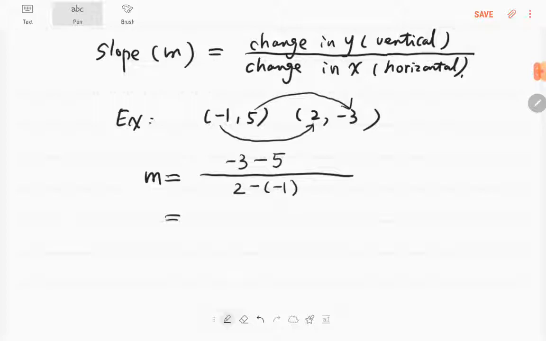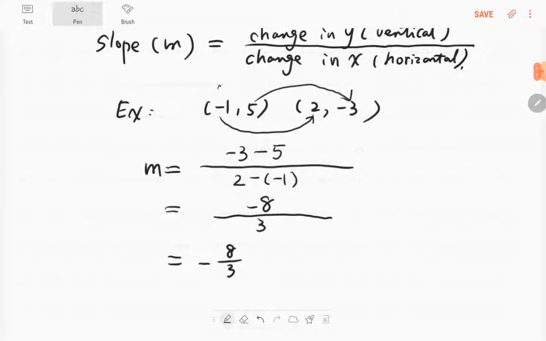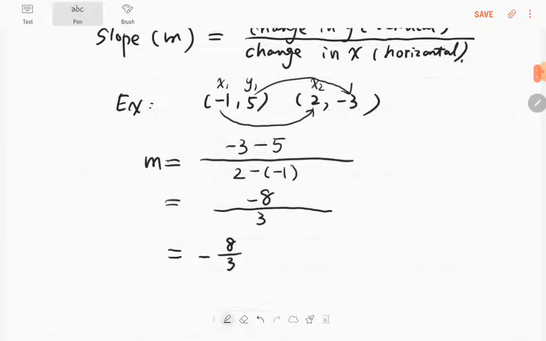Okay, we use -3 minus 5 and 2 minus -1. We set this one as the first point and this one as the second point, or we will say this is the start point, this is the end point. Then we only need to get the value. Or you can think this one is our x1, y1, the first point, and there will be x2, y2. We use y2 minus y1.